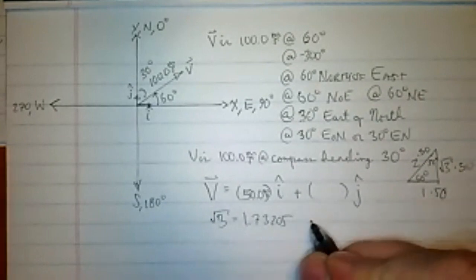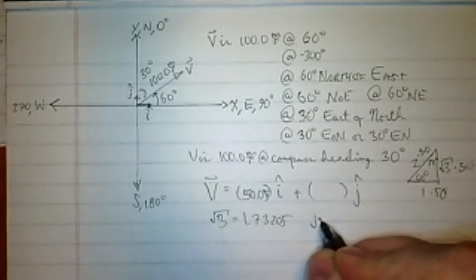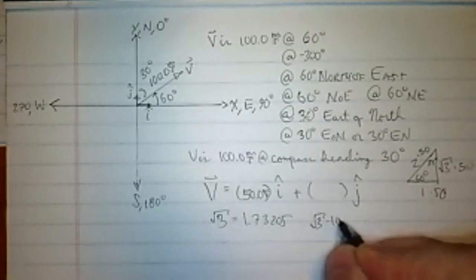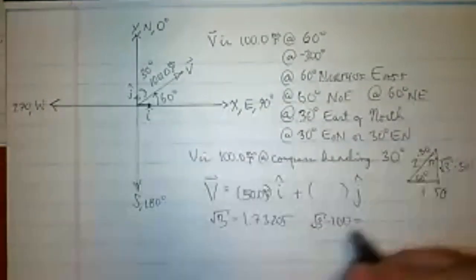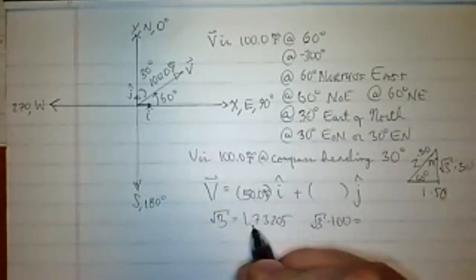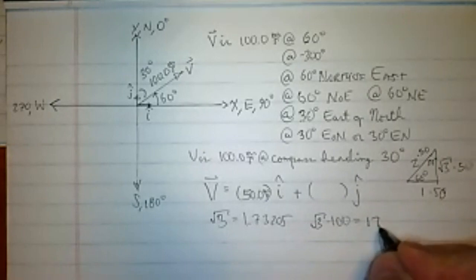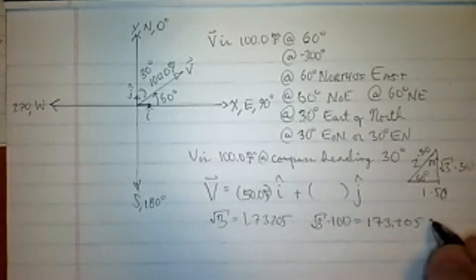And that might not be so helpful, but if you think about the square root of 3 times 100, that's a little easier to do. And I end up just moving the decimal, because there's 2 zeros here. I move the decimal 2 places to the right. I get 173.205 is that actual number.